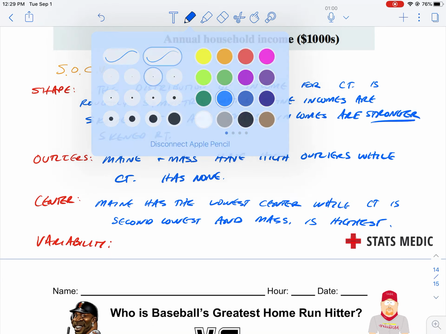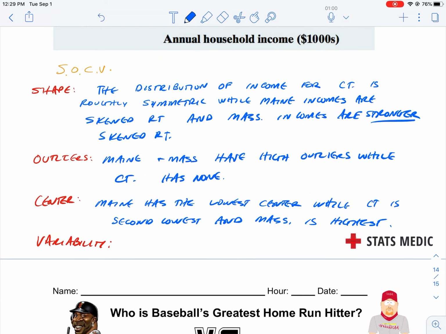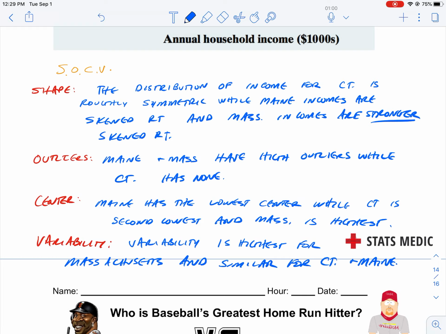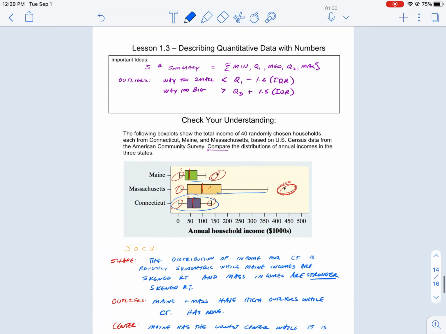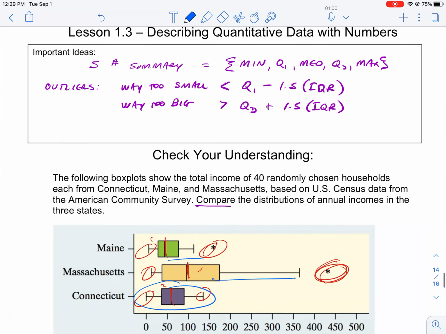So because we're just drawing a comparison, we could say that variability is highest for Massachusetts and similar for Connecticut and Maine. We outlined everything there. We have shape, center, outliers, variability for all three distributions, meaning that we did our comparisons using our SOCV with context.